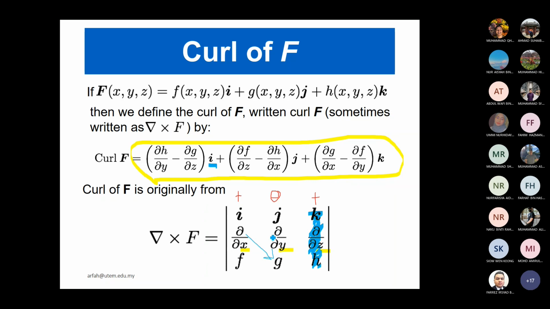So this one. Okay. Partial derivatives of g terhadap x and partial derivative of f terhadap y. Okay. So you are going to have for the k component this one. So dapat how we are going to solve for this one? Let's take a look into one example involving this one.